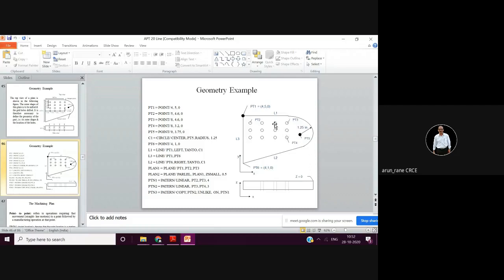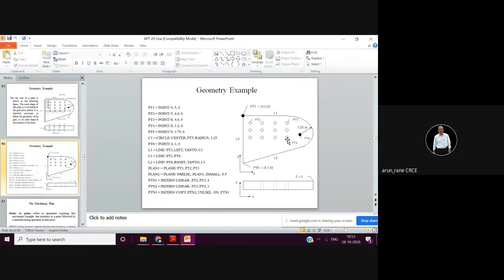So this will be copied on this hole, on this hole, on this hole, and this hole. And this pattern consists of three holes. That means three holes here, three holes here, three holes here, three holes here. So like that you will get all these holes.